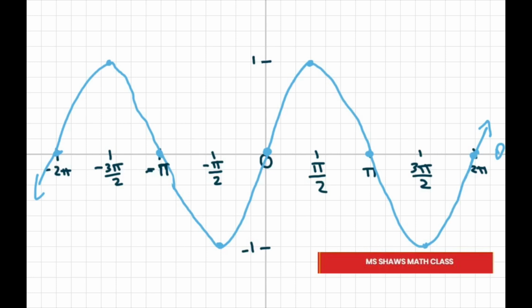Now, if you notice, we left out a lot. We had 1/2, square root of 2 over 2, and square root of 3 over 2. We're basically leaving this part out because we just want the curve, but that's what gives us the curve.